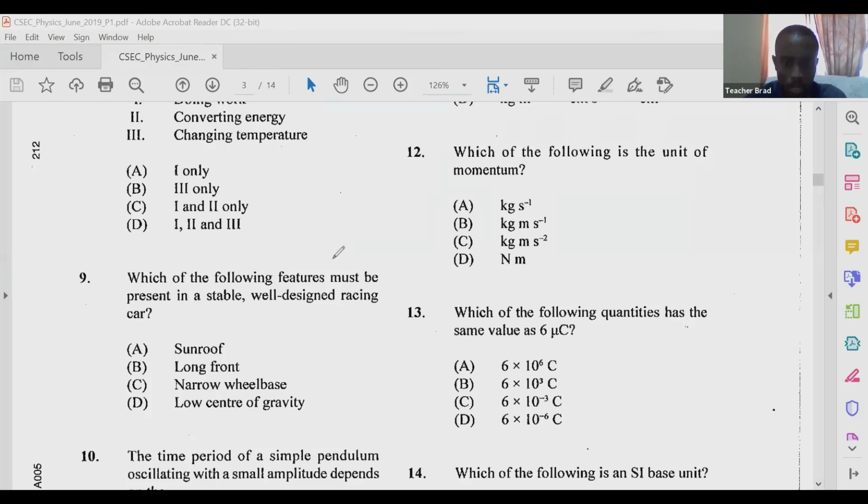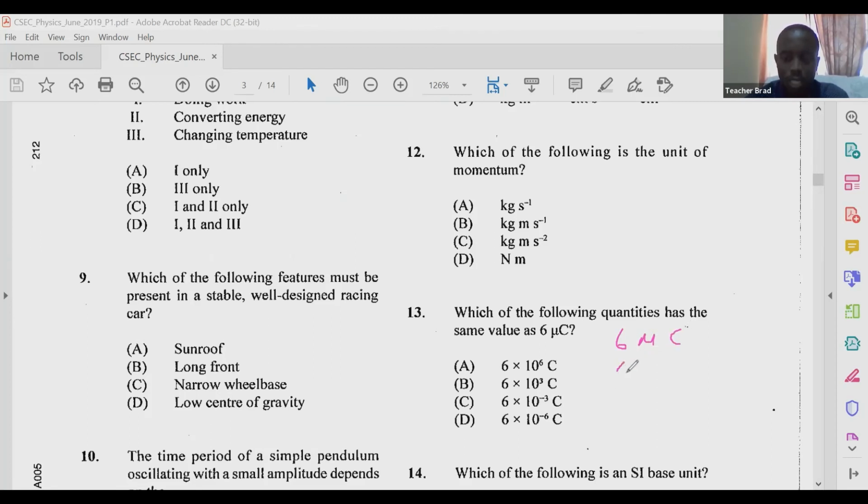All right, number 13 says, which of the following quantities has the same value as 6 microcoulomb? So we know what micro is. Micro stands for 10 to the negative 6.